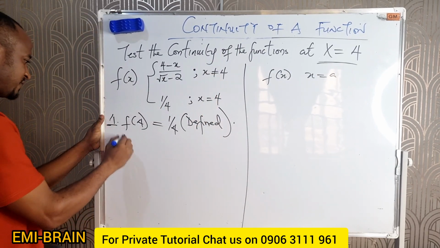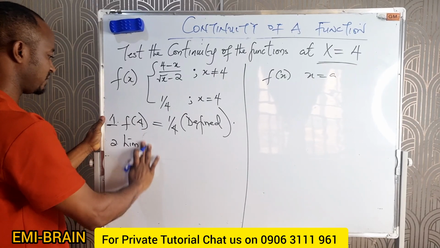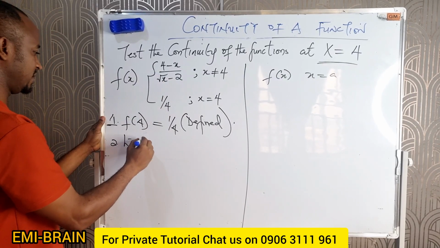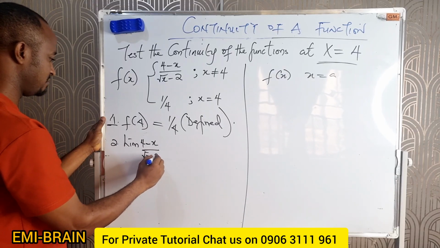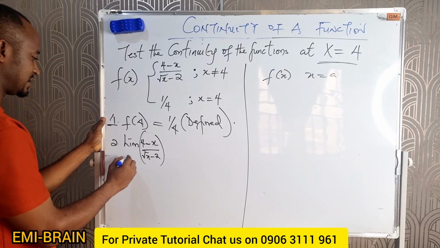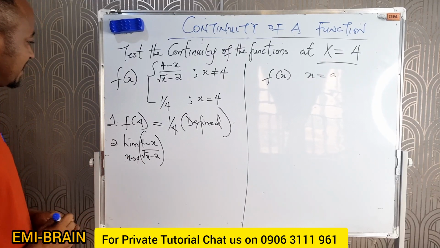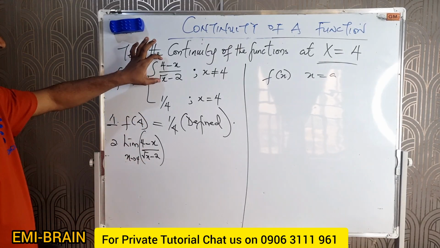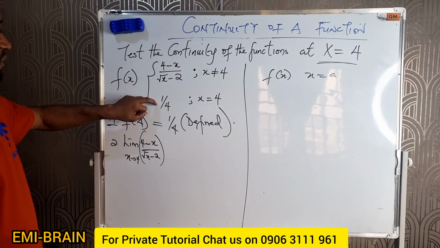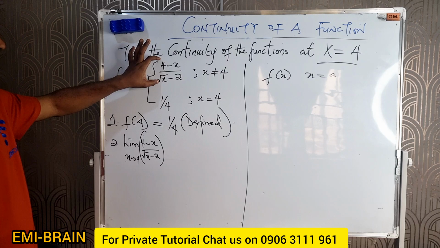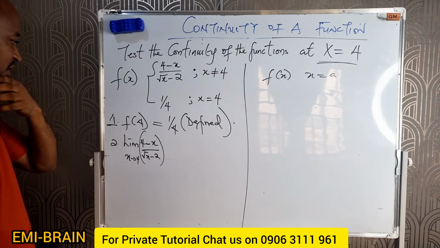Number 2 is to test for the limit of f of x, the limit of 4 minus x divided by root x minus 2 as x approaches 4. I've already taught us limits.